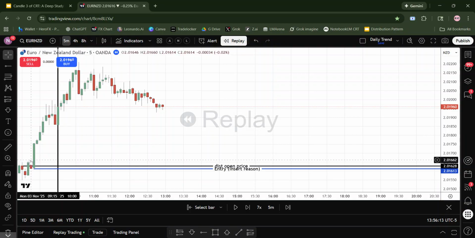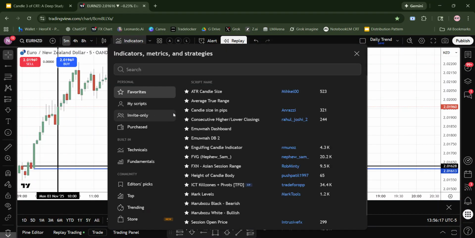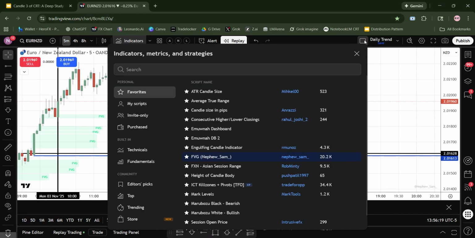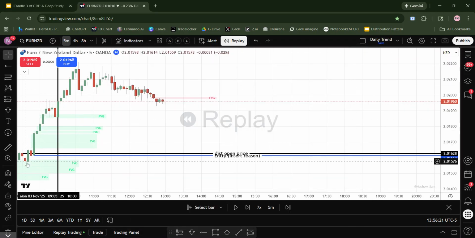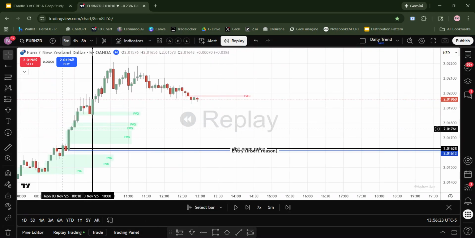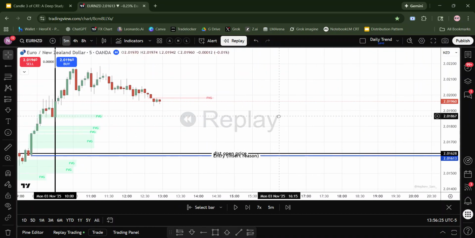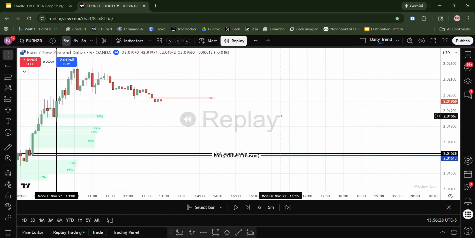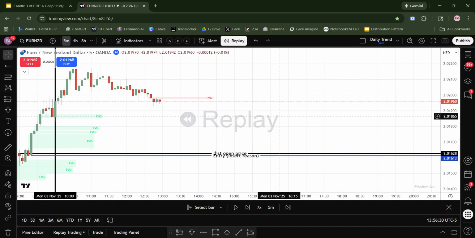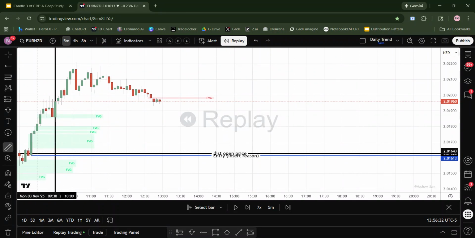That is a little signal that, hey, you might want to get in. Then obviously we have our fair value gaps. Can't forget about that for confirmation. We got plenty of them. And see here, it actually retraced into a prior fair value gap. You'll see that too. Sometimes it may retrace into one that was created before the candle opened. That's fine. And like I said, we already measured the candle wick.